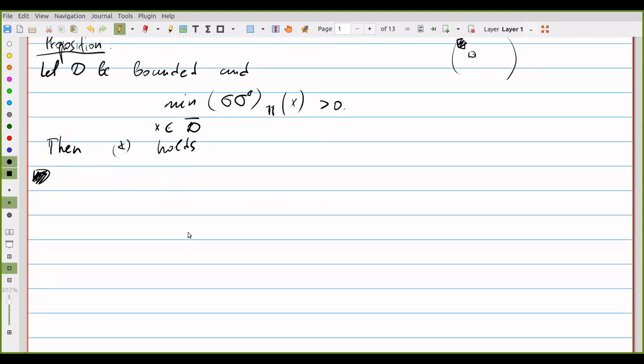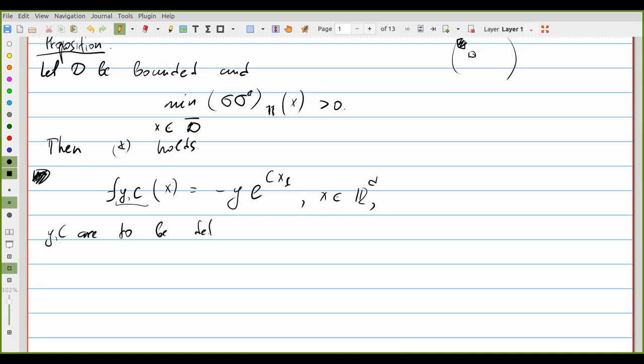So let us introduce the following function with two additional parameters. It is going to be minus y c x1. It's a well-defined function on the whole space, obviously. And these constants are to be determined later.